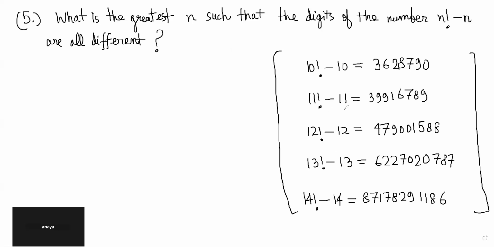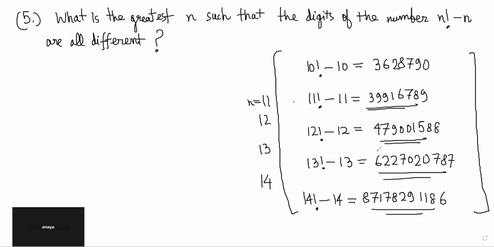Do you think these numbers are satisfying the conditions of the problem? No, because they have repeating numbers. Right. So we can see that for n equal to 11, 12, 13, and 14, the digits are repeating. For n equal to 10, it was not repeating, right?